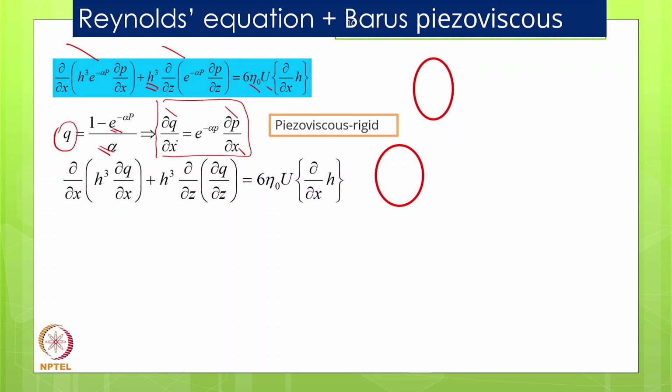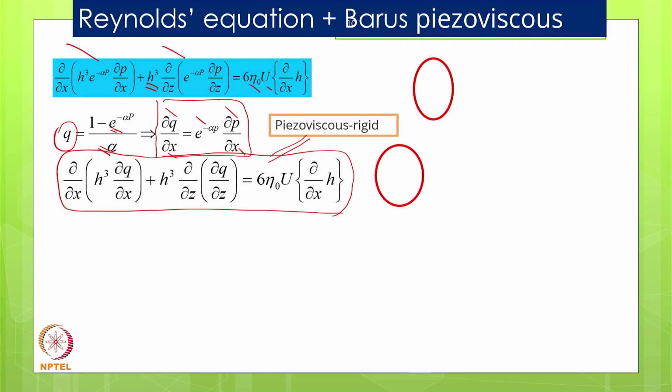What we say is that del q divided by del x is equal to e to the power minus alpha p times del p divided by del x. That can be given. When you write this in this form, it is a very simple form, which we were solving for the isoviscous rigid case. Now a similar form has been brought up for the piezo-viscous rigid form.